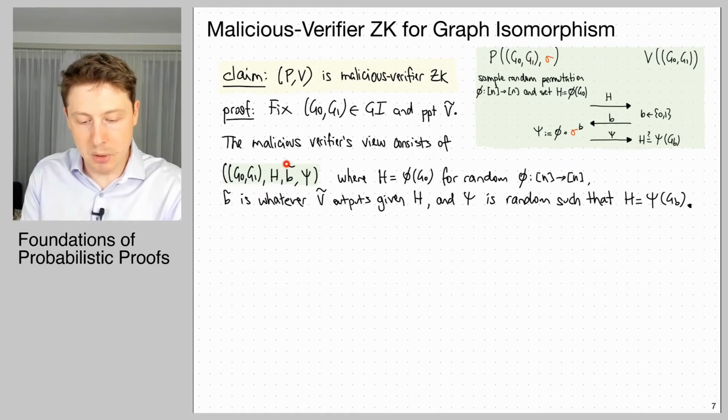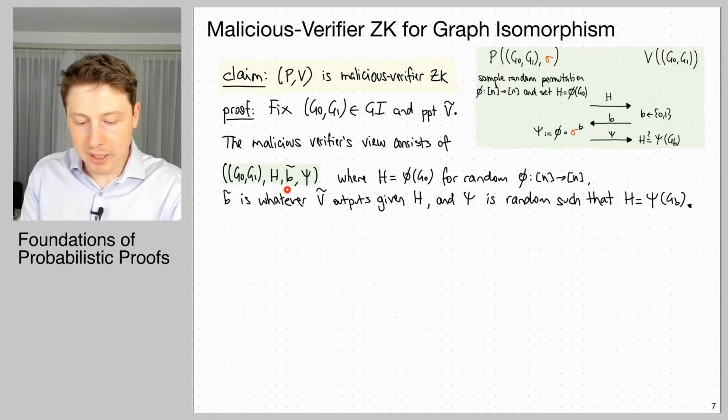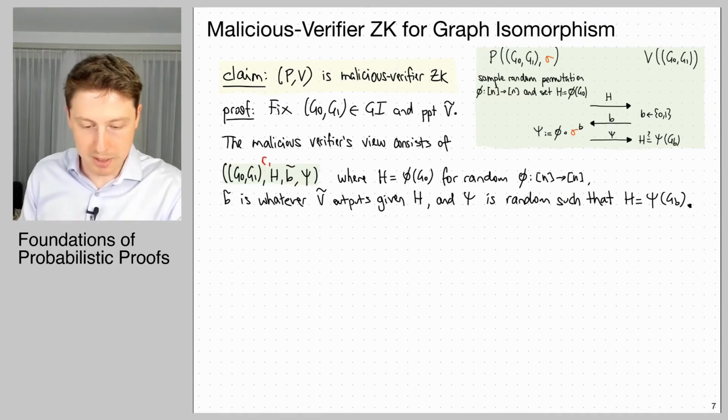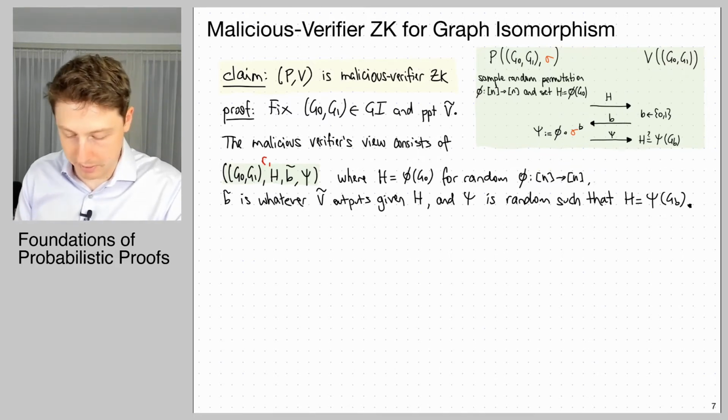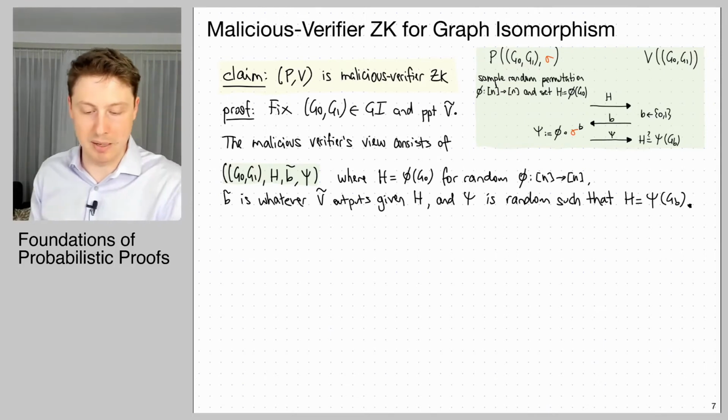Now I am denoting the bit B, which is the one message from the verifier, with a tilde, because it may not be random. Actually, I should fix the slide and add the randomness here. Do I need the randomness? Maybe not, never mind. I can assume without loss of generality that the malicious verifier doesn't have more randomness, because it doesn't really matter.